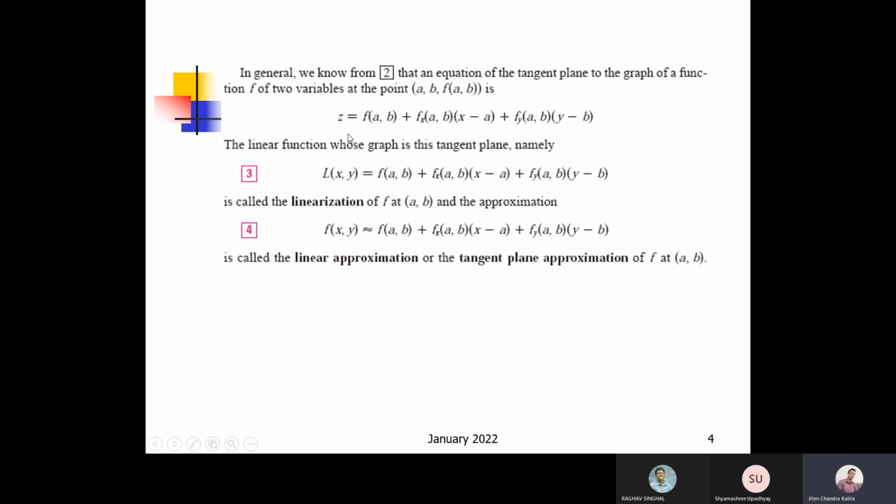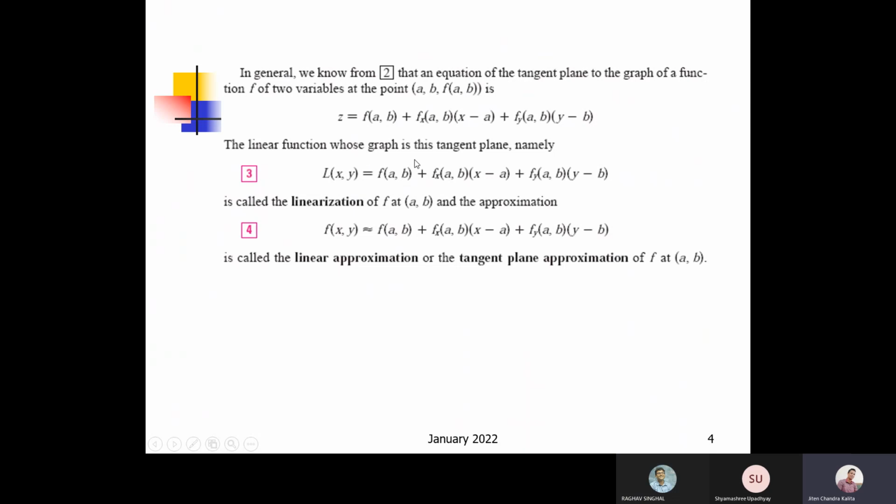This is the formal definition. In general, we know from our earlier study that an equation of the tangent plane to the graph of the function f of two variables at the point (a, b, f(a, b)) is, see here I was writing c, they have written f(a, b), but c is nothing but f(a, b).